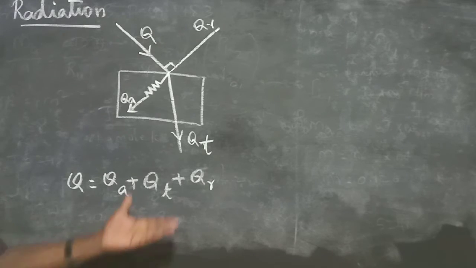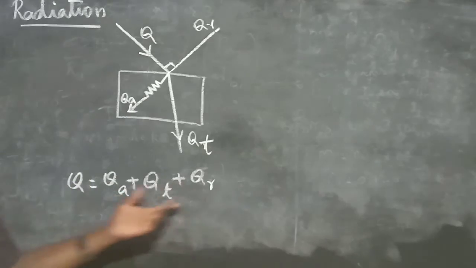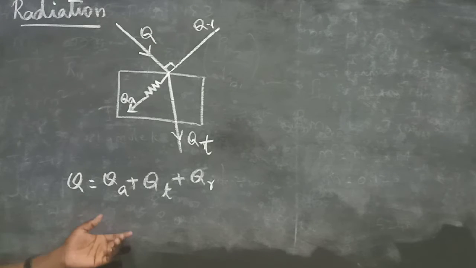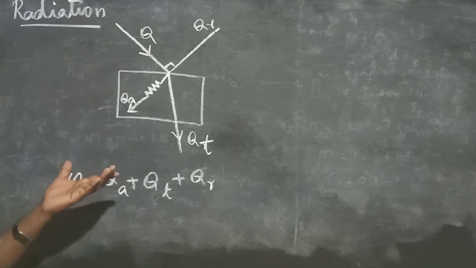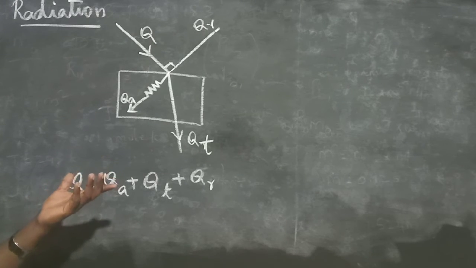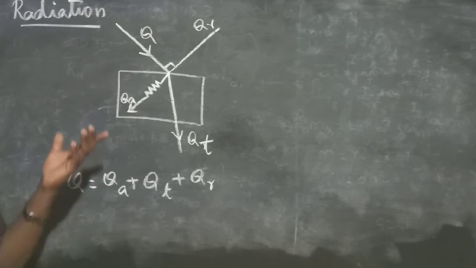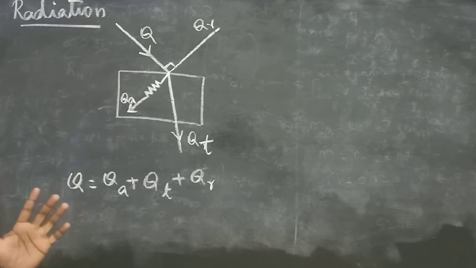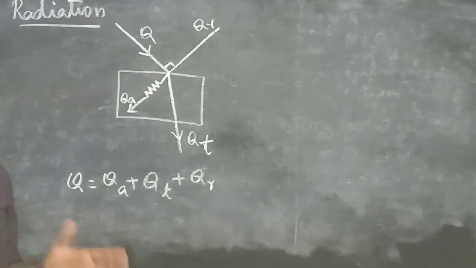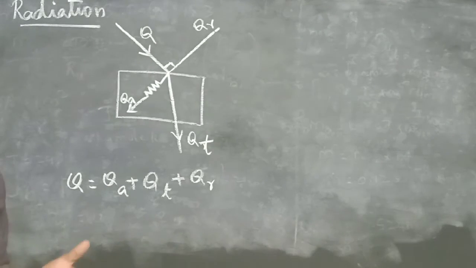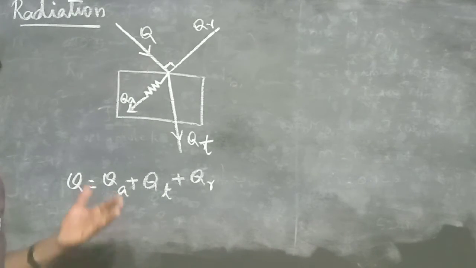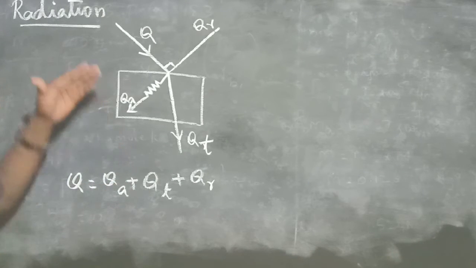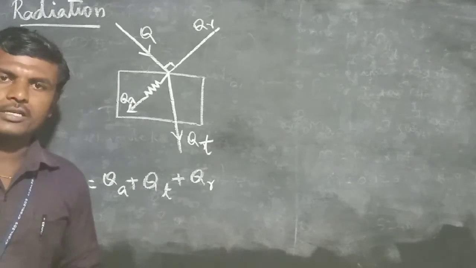When we know about these things, then only we can measure the amount of heat transfer that takes place in this body. These are the basic things we need to know, then only can we know about radiation.